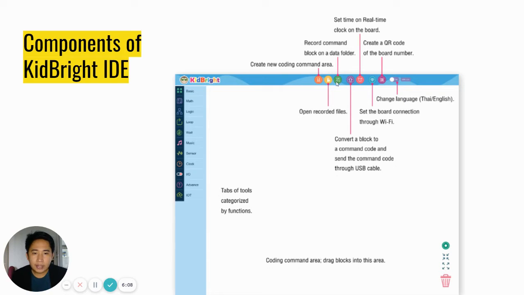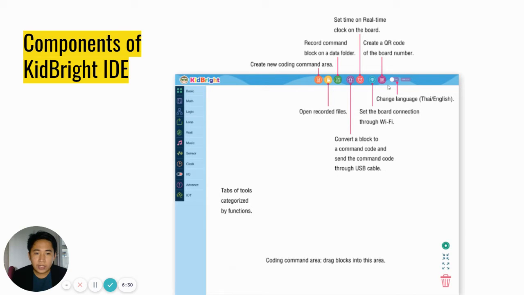And then here is if you want to save your codes, okay? And then this one, the yellow icon here, is if you want to open your saved codes, open files. And then this one is if you want to create a new command area, okay?